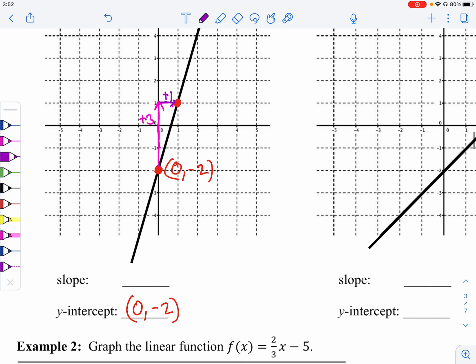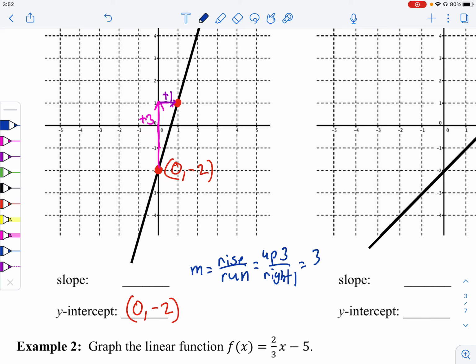So our slope, rise over run, so we went up 3, right 1, which is positive 3 over 1, which is 3. So our slope is 3, right? 3 over 1, which is 3.